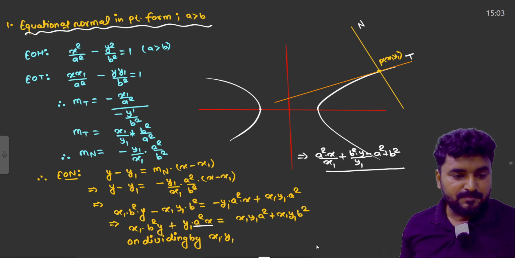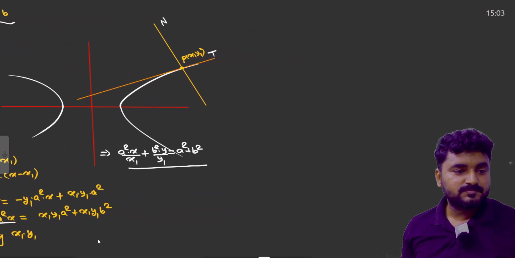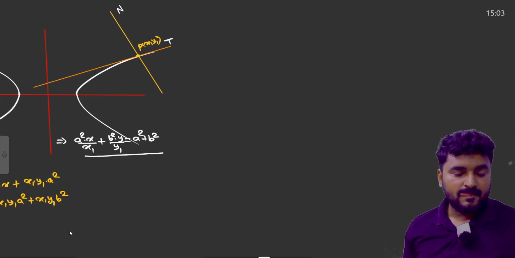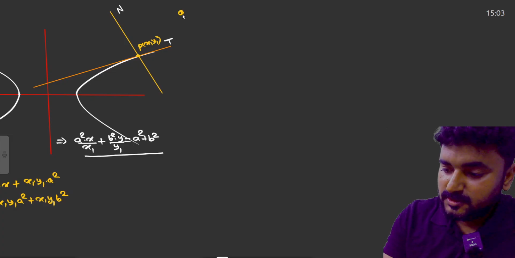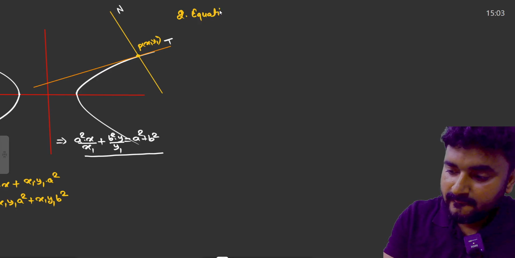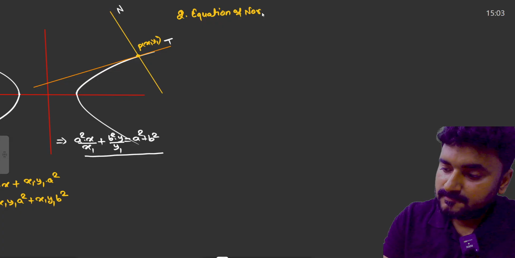So for the parametric form, let us see now. I am going to find number 2, equation of normal in parametric form.